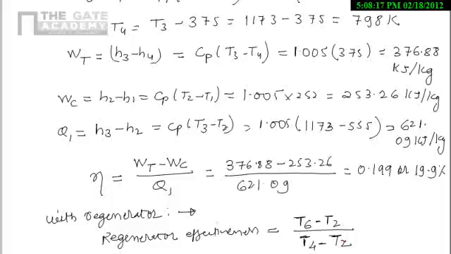T6 minus T2 is the actual temperature gain before entering into the combustion chamber, because the gas leaving the compressor is at point 2, but it is leaving the regenerator at point 6. So that is the actual temperature gain, that is T6 minus T2. Now, what will be the maximum temperature gain we can get?